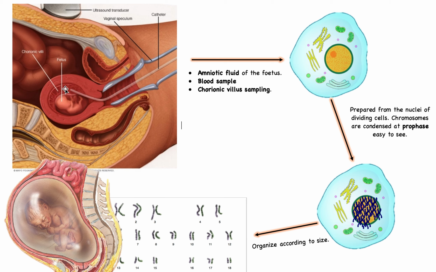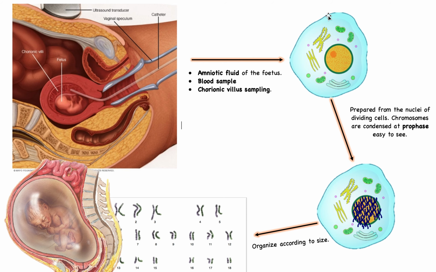Therefore, when we extract these cells from the chorionic villi of the placenta, it will be accurate to the baby's DNA. So the chorionic villus is just a place in the placenta, okay, which is connected to the baby. Therefore, the cells are the same, and therefore the DNA is the same. So two places: amniotic fluid, chorionic villus, or blood sample if you're an adult.